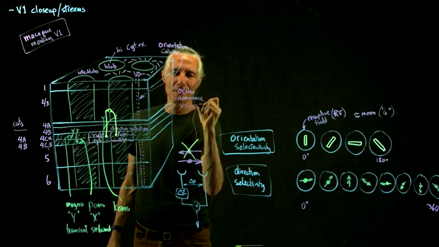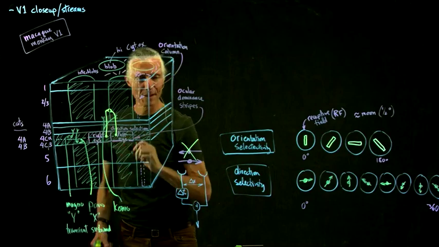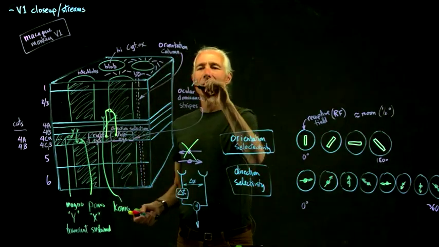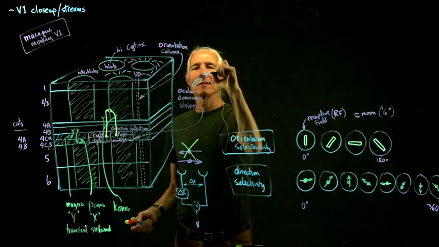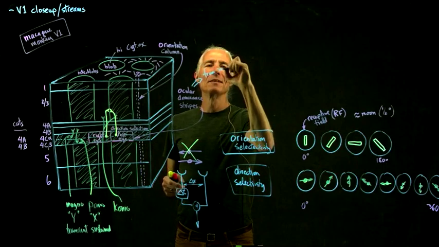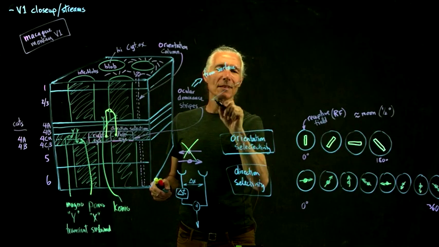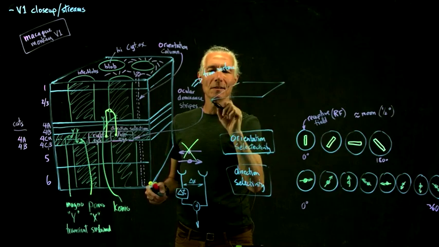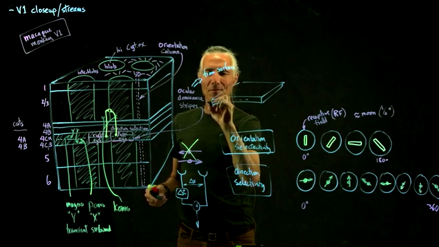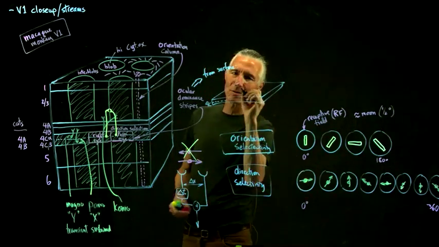Sometimes they're called columns because when they first looked at them, they looked sort of like a little column. But if you look at them from the surface, if you just pull out layer 4C, so here's 4C. It's got the alpha and beta part. What do these columns look like? They look like zebra stripes.